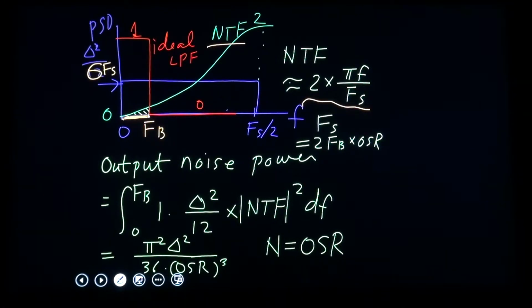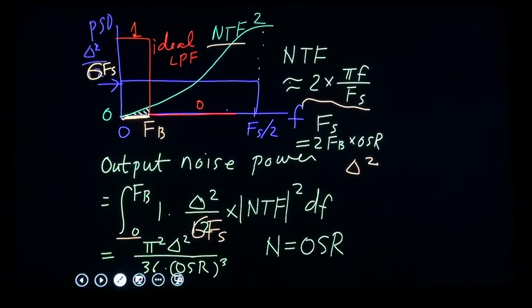So the output noise power can be represented by integrating from 0 to FB. This is delta square over 6 fs times NTF square. Okay, it is true. Let's calculate it again.